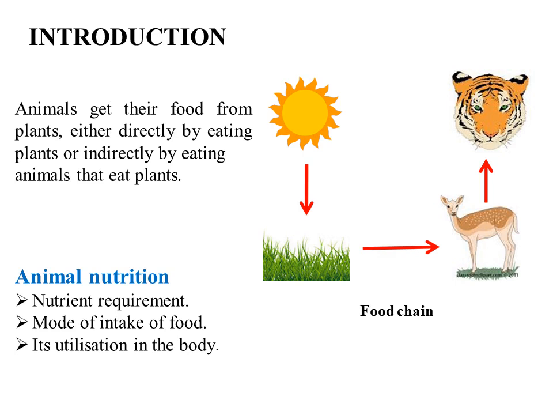Animals get their food from plants either directly by eating plants or indirectly by eating animals that eat plants. You can see the picture of the food chain. Here the animals depend directly and indirectly on the plants.